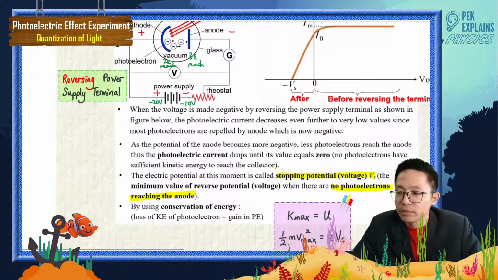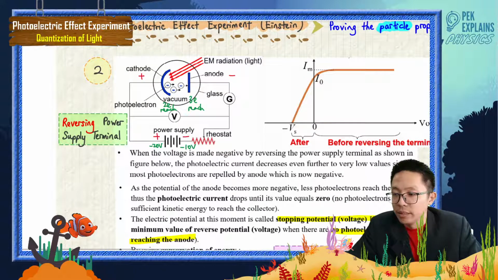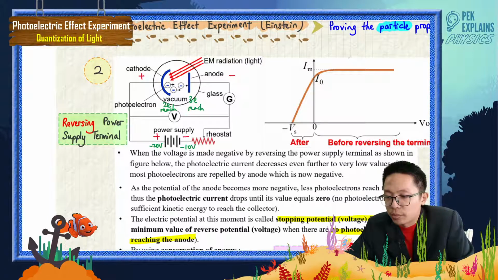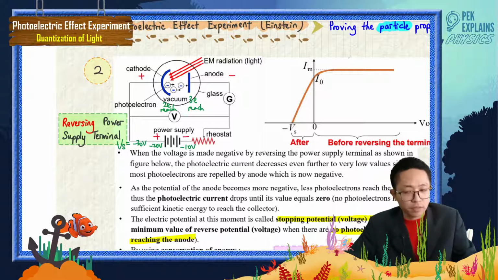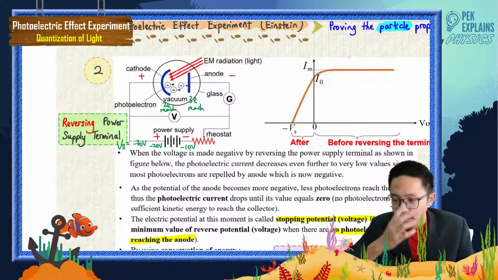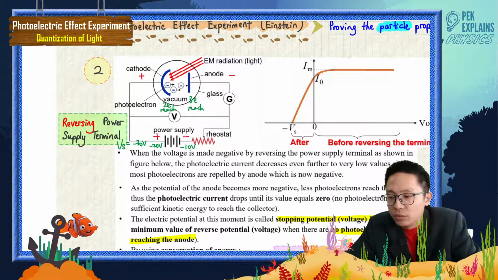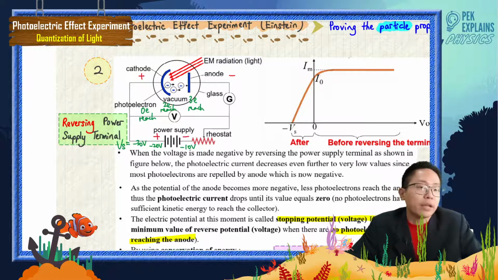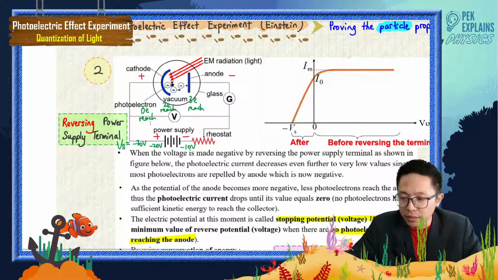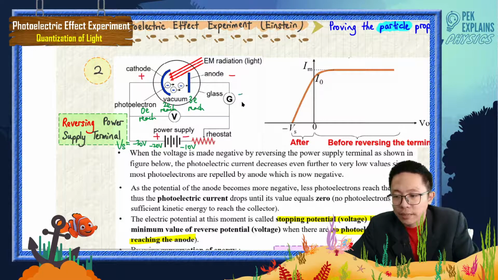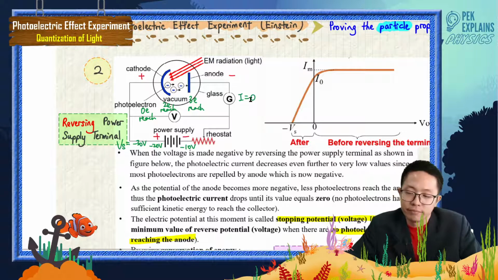Maybe the stopping potential is negative 30, very negative already. At negative 30, maybe 0 electrons can reach. If no more electrons can reach the anode, the current becomes 0. No more current. Do you see that?